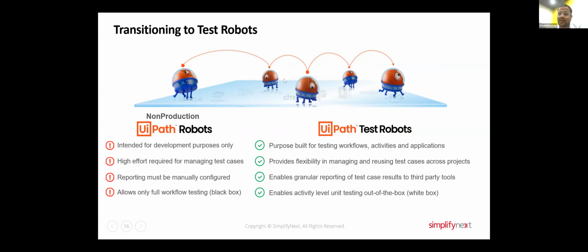Multi-stage verification was not there. We need to run the whole bot, and we can just see that the bot has failed. But with Test Suite test cases, we can have multi-stage verifications where we can see how many checkpoints our bot passed or how many failed. That gives us detailed knowledge of our robot performance, which we call white box.